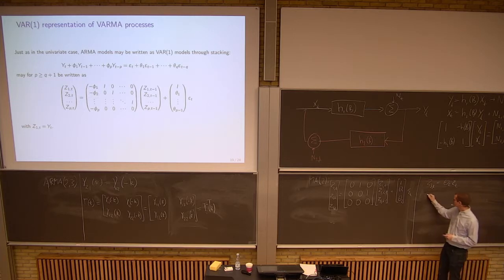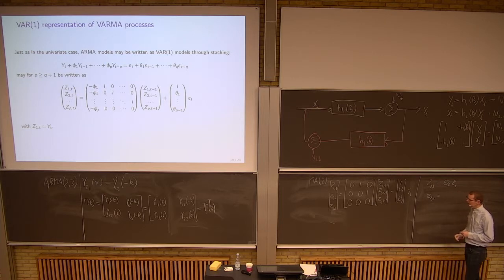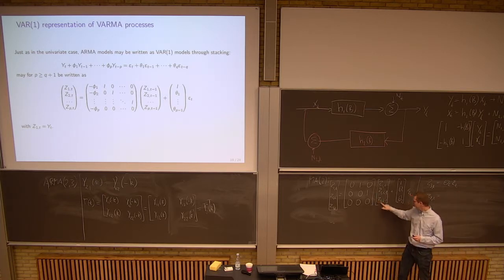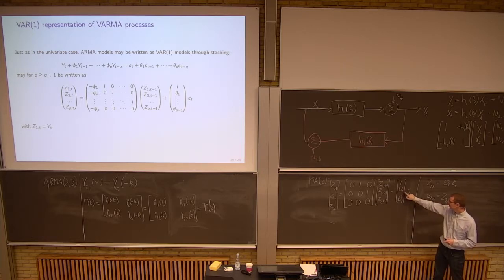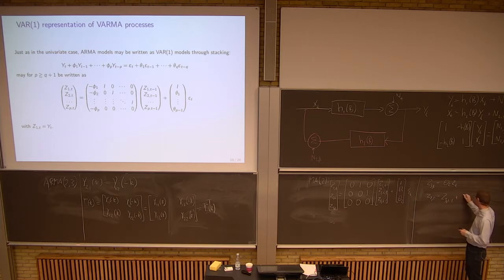Now if we go for zeta 2, comma t, what is that? That is 1 times the previous zeta 3, zeta t minus 1. So what is that? Let me just write it out. So that's zeta 3, comma t minus 1 plus theta 1 epsilon t. Now this here, zeta 3, comma t minus 1, well, we can get that from up here.